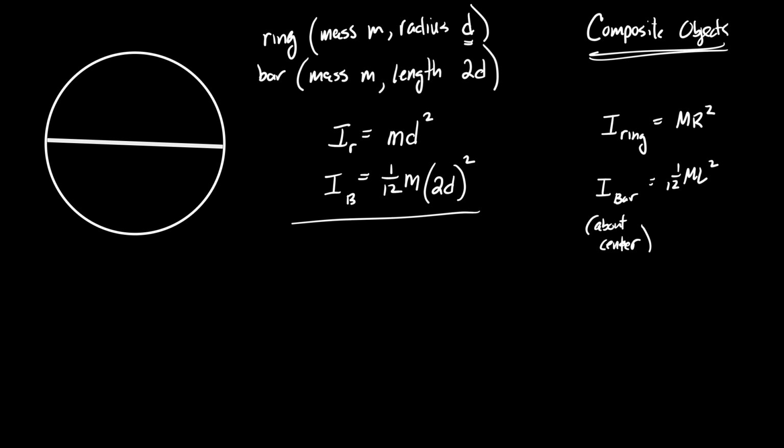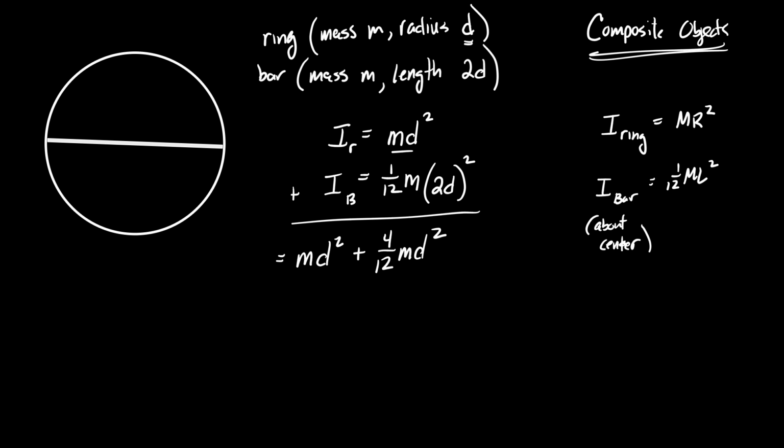Now, there's not a whole lot here. This is just going to be md squared, and when I square the 2, I'll have 4/12. So when I add these together, I'll have md squared plus 4/12 md squared. The idea here is that we should have a moment of inertia at the end that's all in the same units.